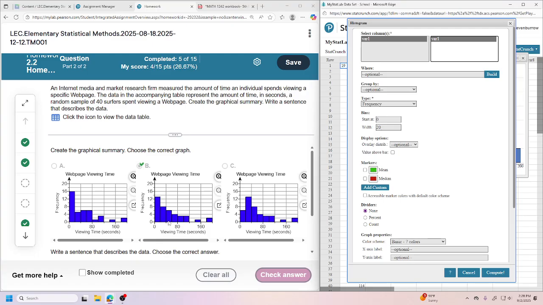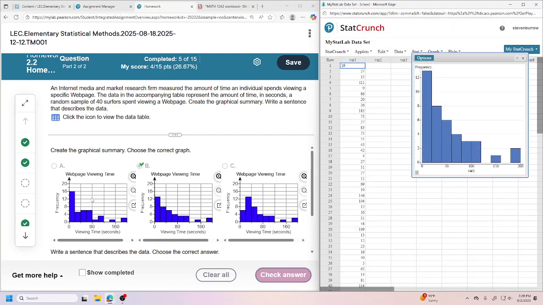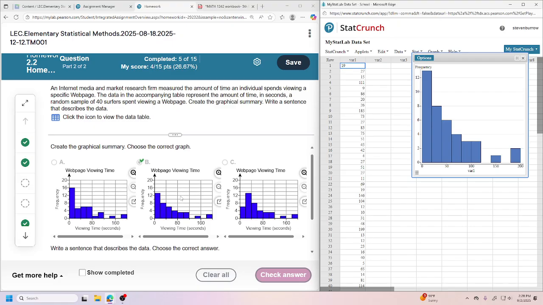Okay, hold on. All right, cool. Yep, and then compute, and then it should be one of the options, at least a little bit better.